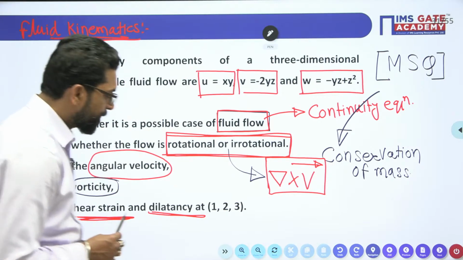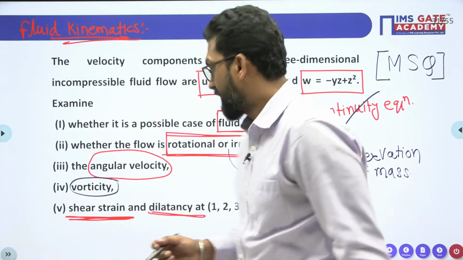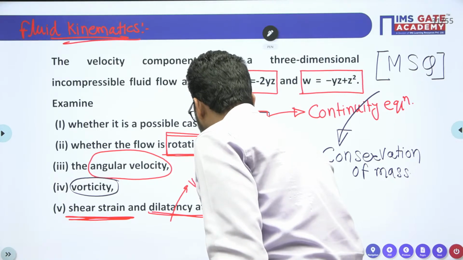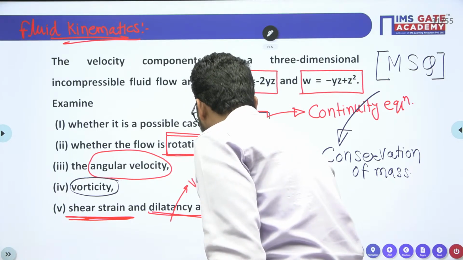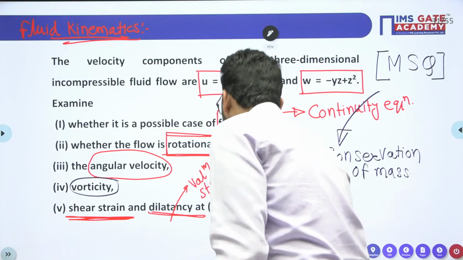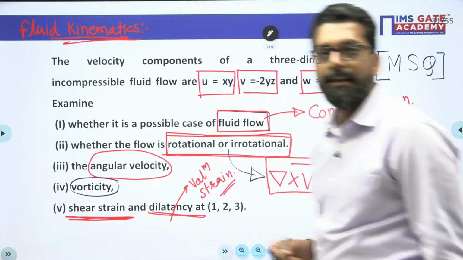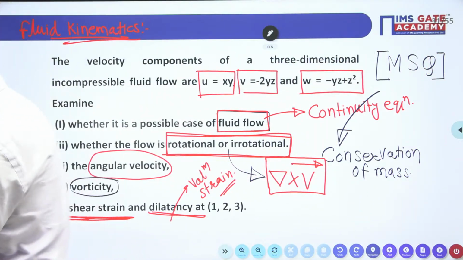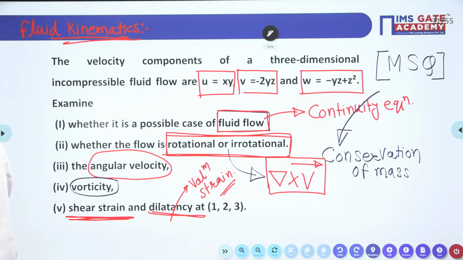And dilatancy is what? Volumetric strain. Shear strain, and this is your volumetric strain. So you have to find all these things in a single shot.